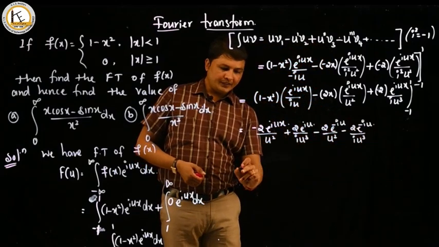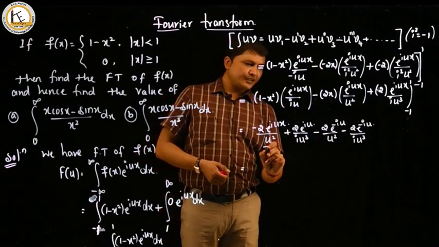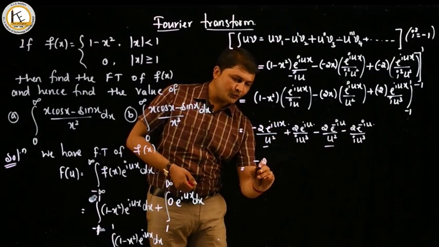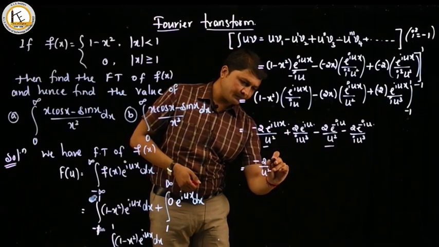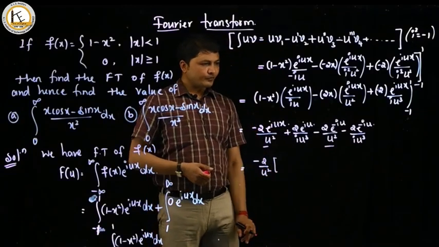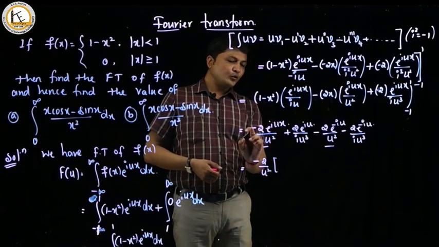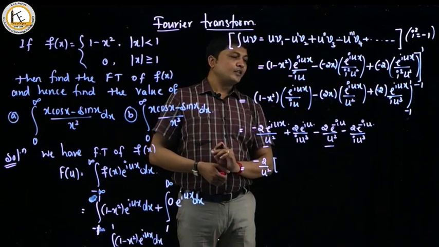So after this, from the first and the third term we have 2 by u square common.